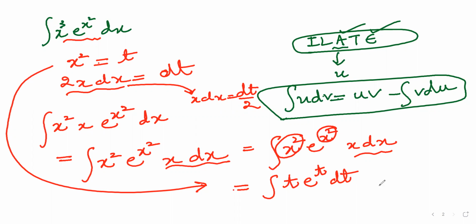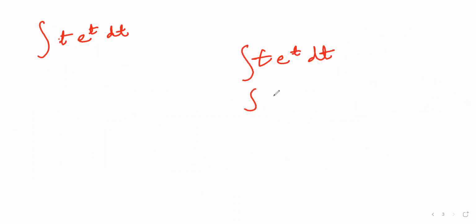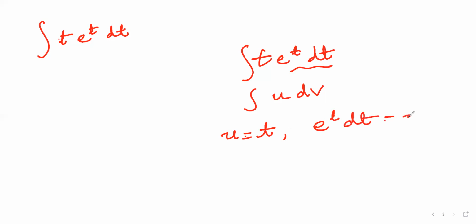So I'll proceed with this: integral of t into e to the power t dt. It's something like integral of u dv. So let's say u is equal to t, and e to the power t dt is equal to dv.